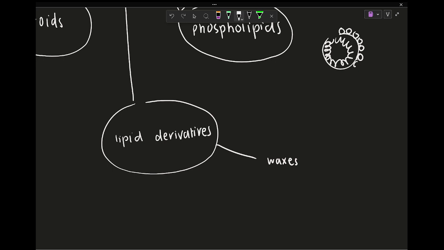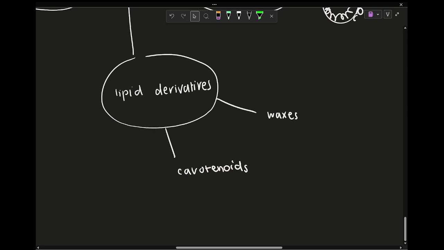And then we have carotenoids. I'm not that great at pronouncing it, but carotenoids are fatty acid carbon chains with conjugated double bonds. They consist of carotenes, xanthophylls, and they also have 5 to 6-membered rings at each end.